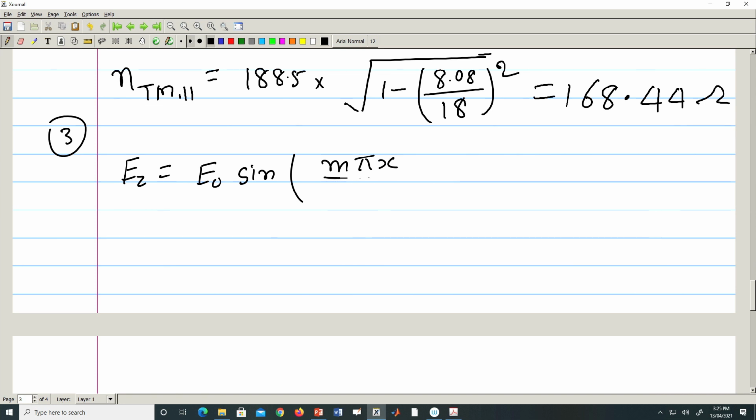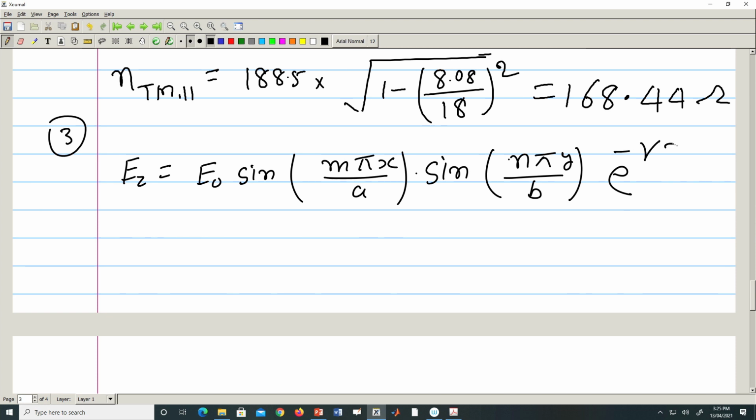So, it is a standard equation, it can be written like this, and from the given Ez we can find out all the field components for the TM to Z mode.